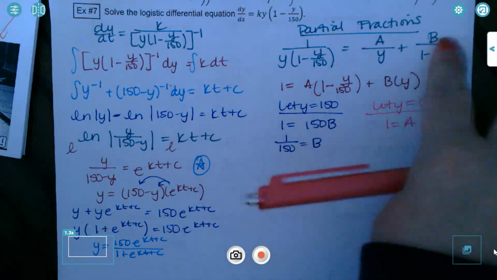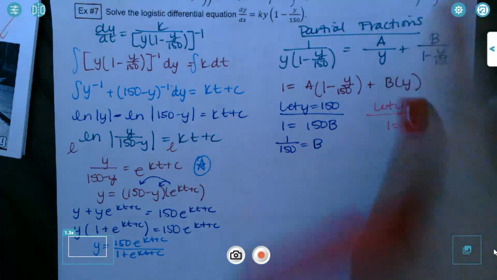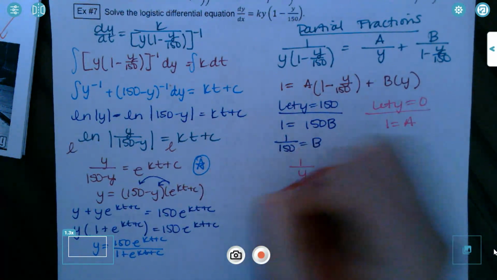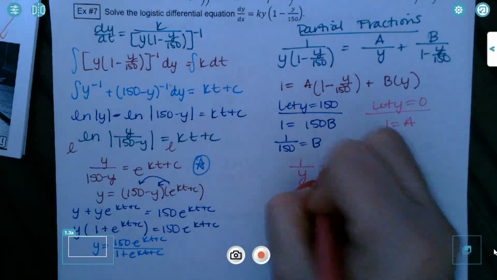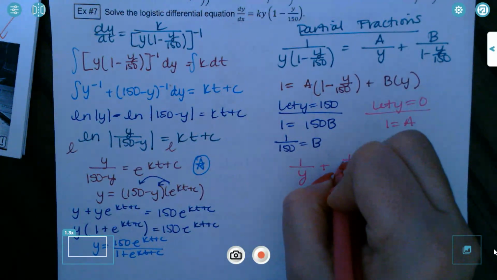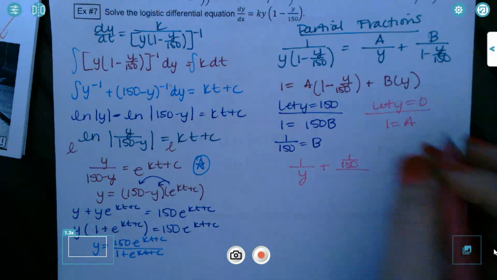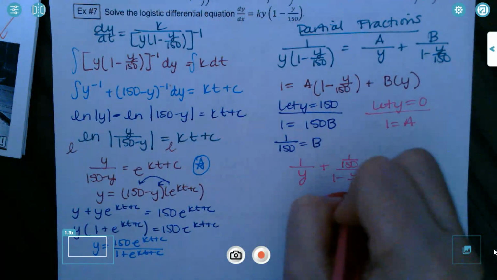So now I can plug those back up here, and I get my partial fraction, which would be 1 over y, because a was 1, plus 1 over 150 over 1 minus y over 150.